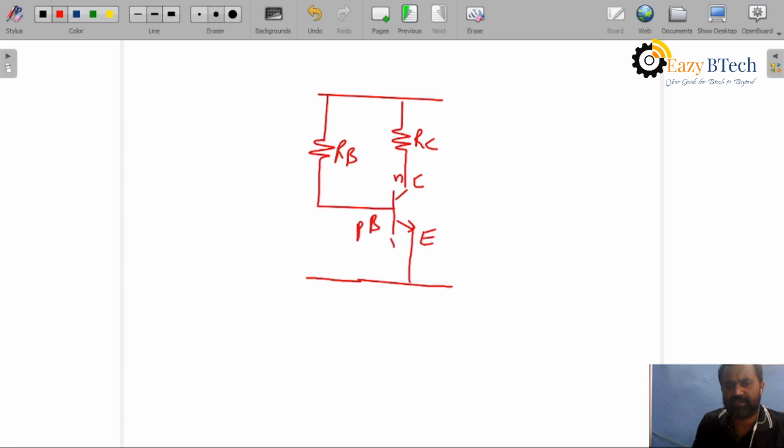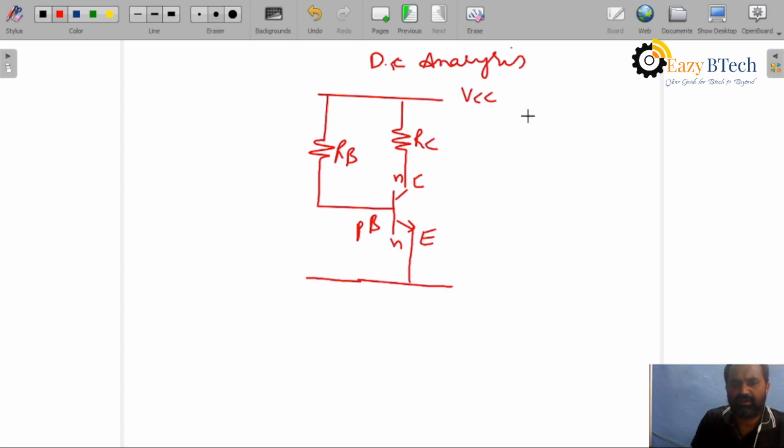If the arrow mark is down, it is an NPN transistor. Here is the VCC. This is the DC analysis.